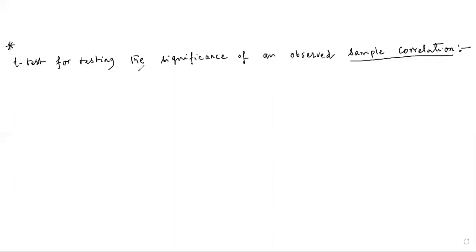Population correlation coefficient means: for the two random variables, capital X and capital Y, associated with the population, what is the correlation coefficient between them? And when we select the sample from the population, we can calculate by our usual methods the sample correlation coefficient between the two variables. So two types of correlation coefficients will play: one is the population correlation coefficient, and another is the sample correlation coefficient.